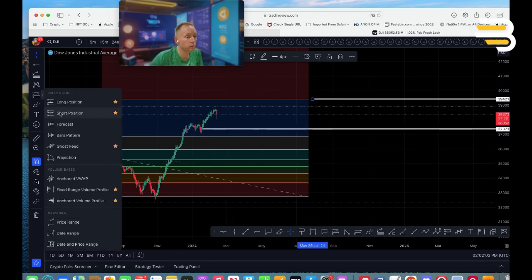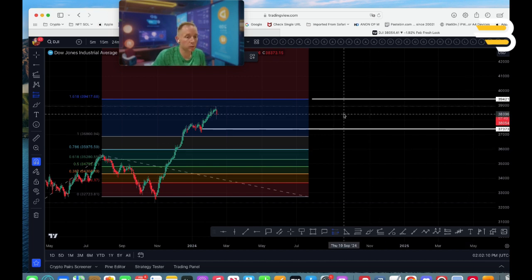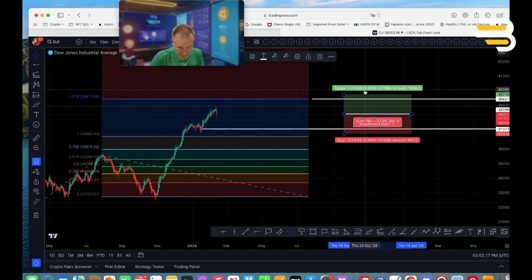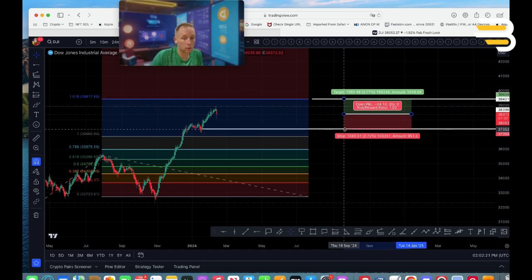So when we come here to plot for risk reward on our long or short, I'm just going to go with where price is right now for the demonstration. If this was our long setup, we'd drag this to match our levels, and then this is where we get an idea of our risk reward setup.